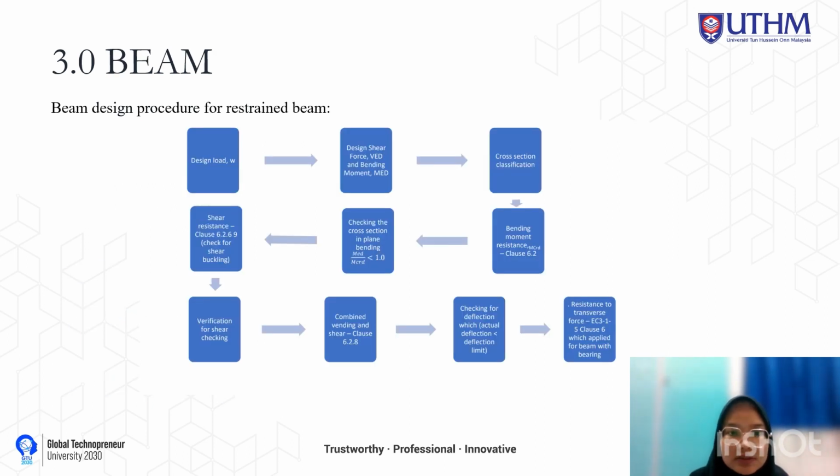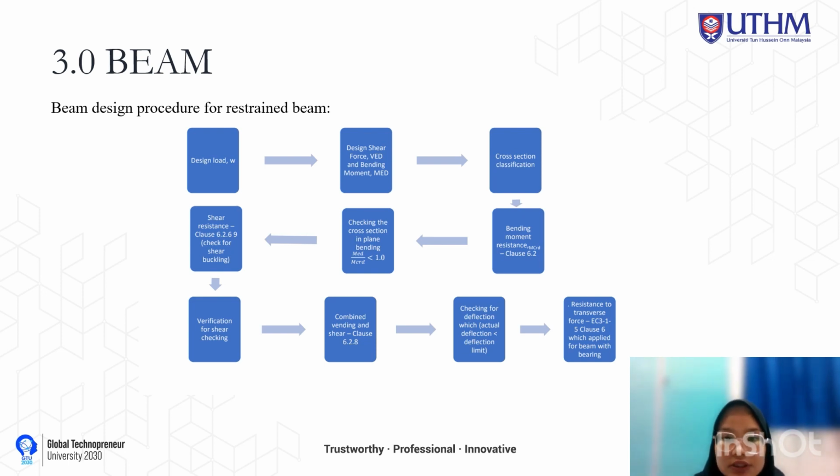Next, this is the procedure of how we calculate the restraint beam in our project. First, we need to design the load W, 1.35 Gk plus 1.5 Qk. Next, design shear force VEd and bending moment MEd. Then we need to identify the class, which is cross-section classification, and then bending moment resistance.